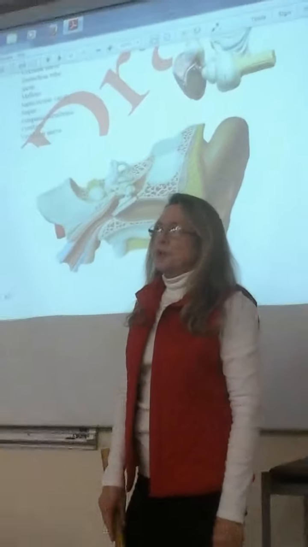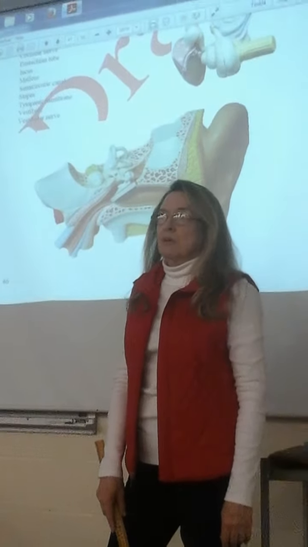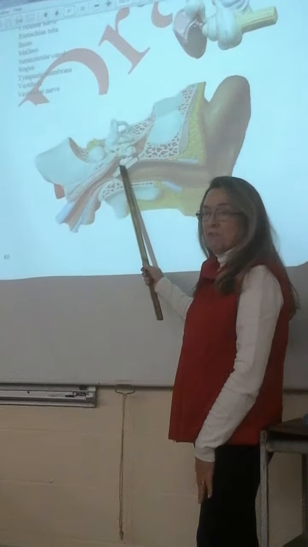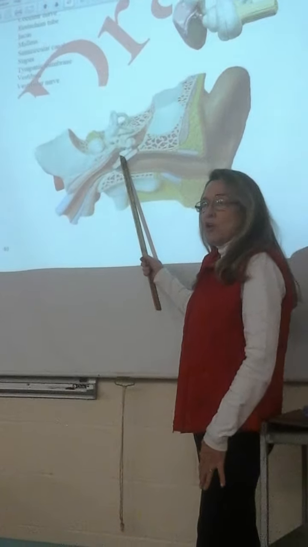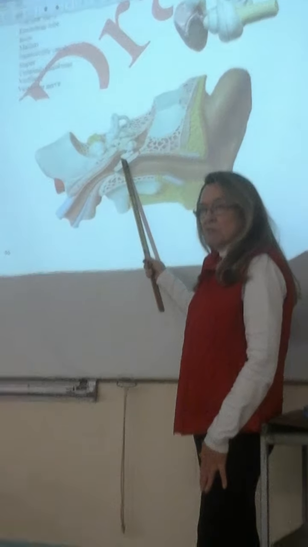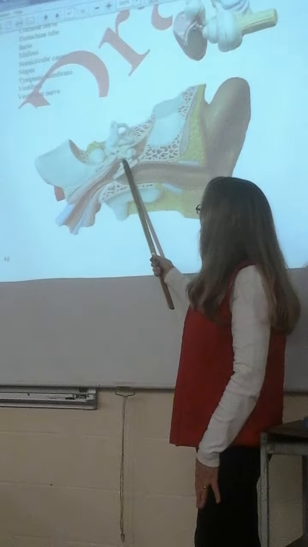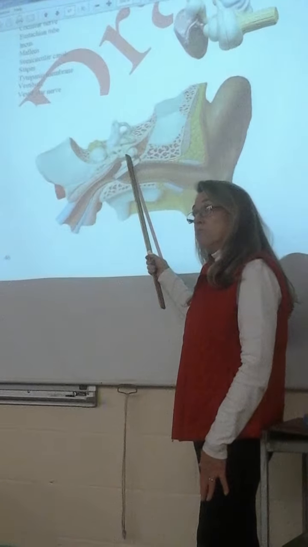Now, let's follow the vibration. Where does the vibration originate? Well, you have sound waves coming in and it makes this tympanic membrane vibrate, right? So if the membrane vibrates, which ossicle vibrates directly? The malleus. If the malleus vibrates up against the incus, is it relaying that vibration?